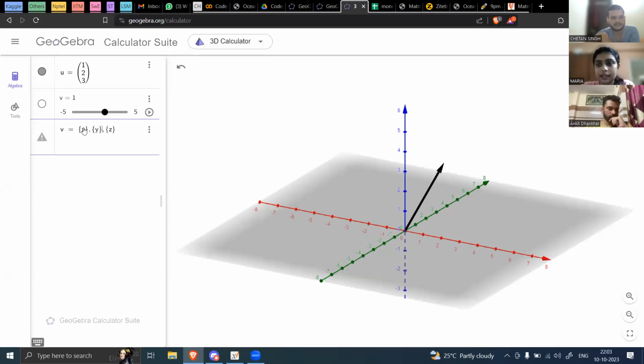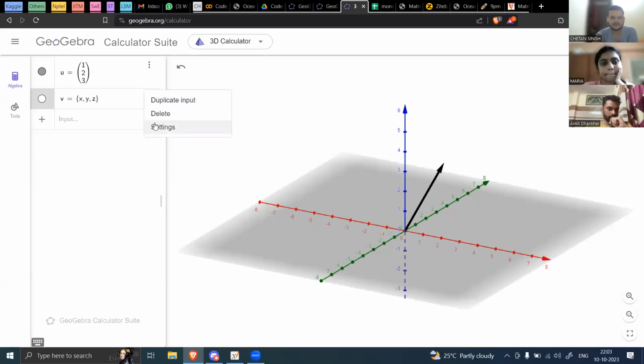Instead of x it was a, y it was b. Perhaps that would give us x comma y comma z. Okay, I think it's parenthesis, right? x comma y comma z.